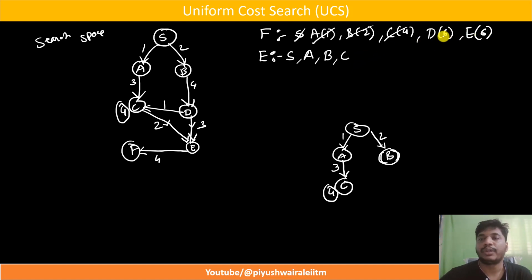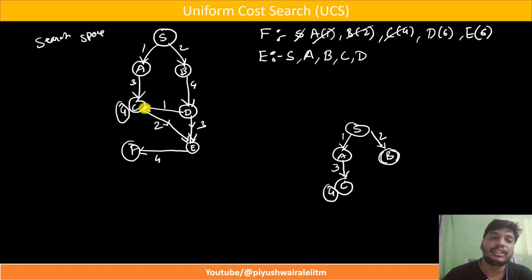So which one is having the lowest cost in the frontier now? Both are having the same cost, right? That is 6 and 6. Okay, now we can consider any node, either D or E. Let us take D first. Now from D I can go to C, at what cost? 2 plus 4 is 6, plus 1, that is 7.